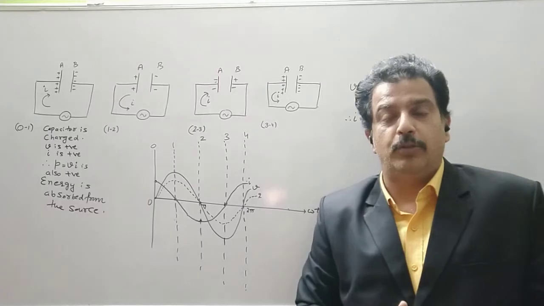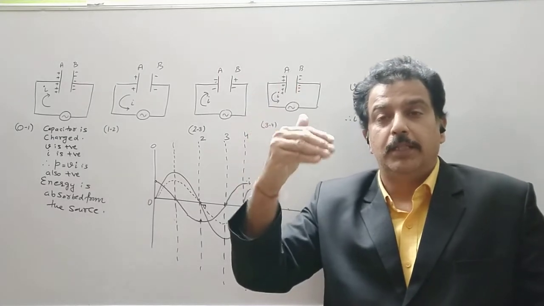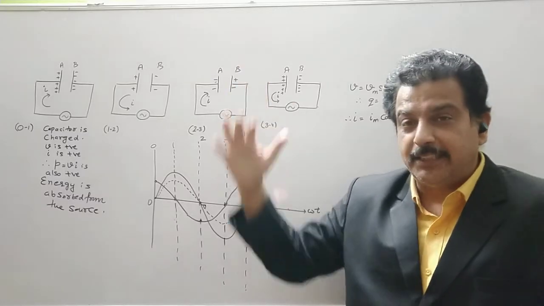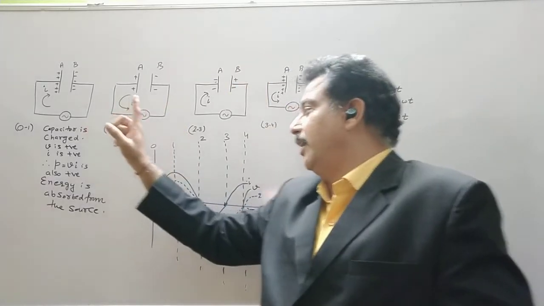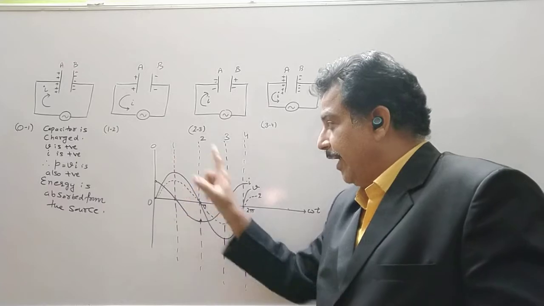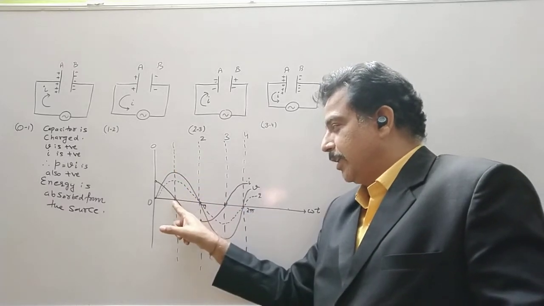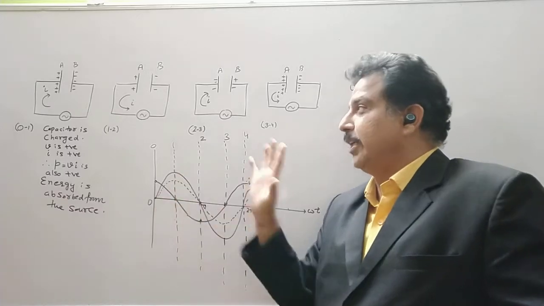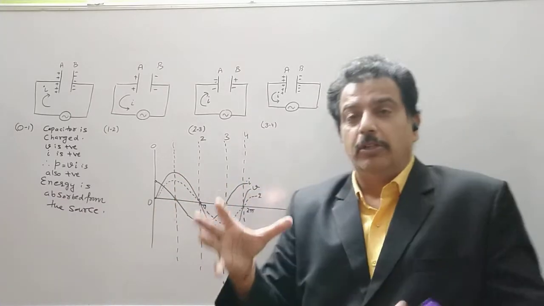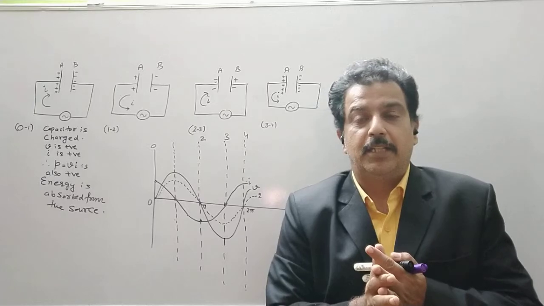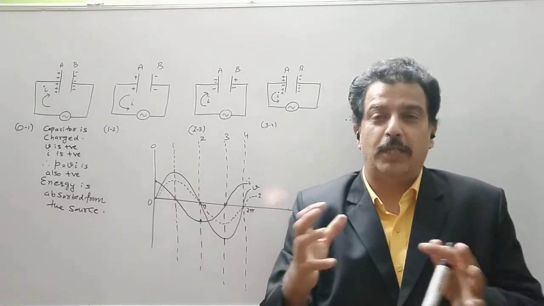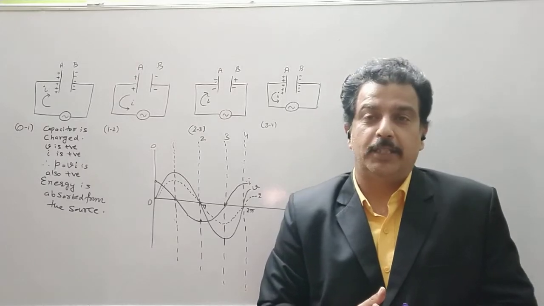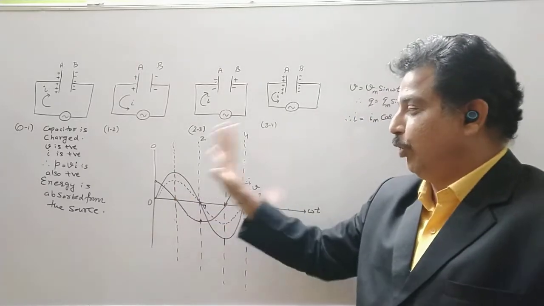We know the capacitive reactance is equal to 1 upon omega C. So the current starts decreasing, and at region 1, exactly at this time, the current becomes 0, the charge becomes maximum, and the voltage is maximum. So the capacitor starts storing the energy. Now the capacitor is fully charged.